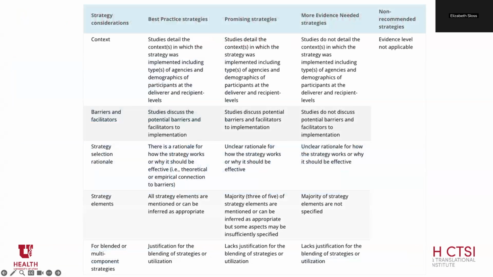It assesses your study design rigor, whether or not you had an equity focus, and it gives you categories based on whether it's a best practice strategy, promising, more evidence needed, or not recommended. It's like the What Works Clearinghouse in education, a compendium of effective strategies. We're trying to create a compendium of effective implementation strategies that can be generalizable across different contexts.